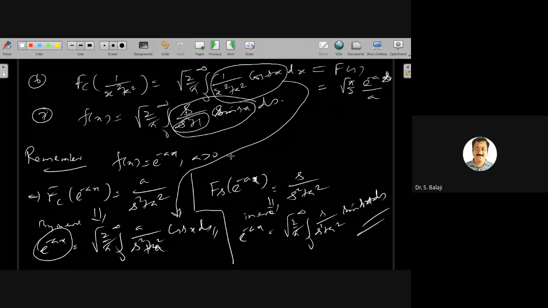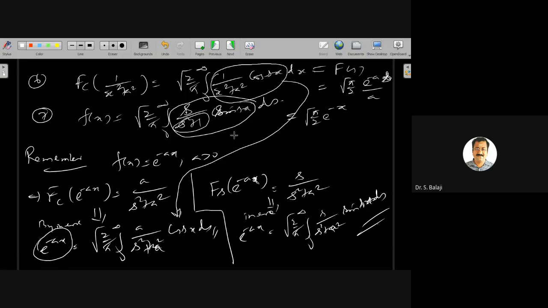Here also it is the same: 0 to infinity s by s square plus 1 sin sx ds. Since a is 1, the answer will be root of pi by 2 e power minus x.